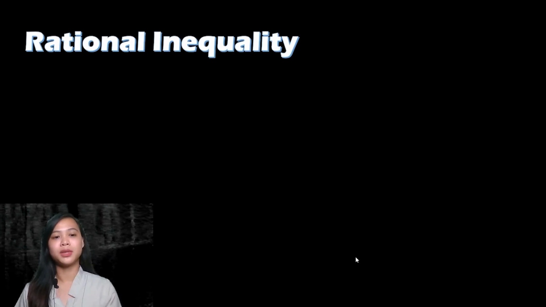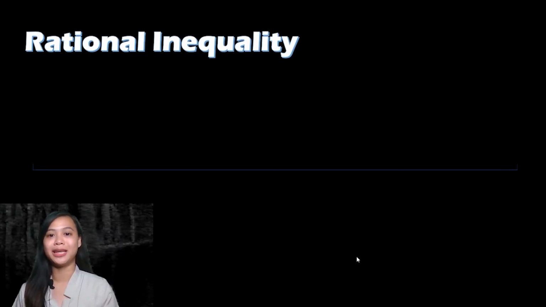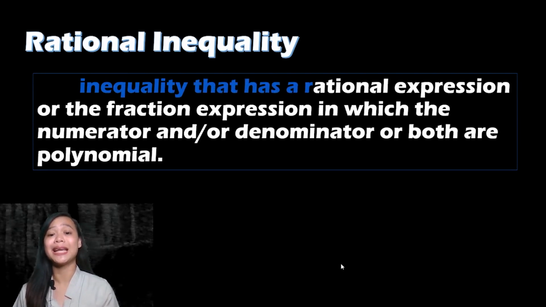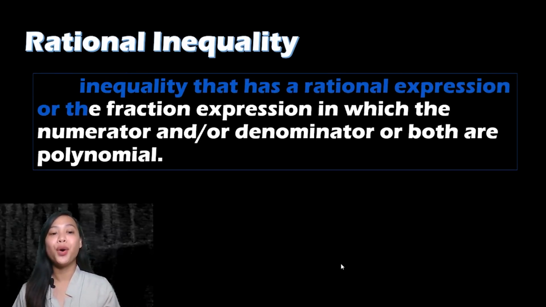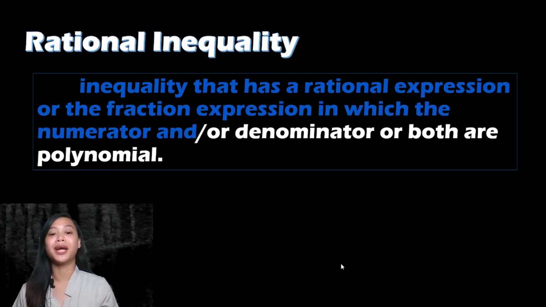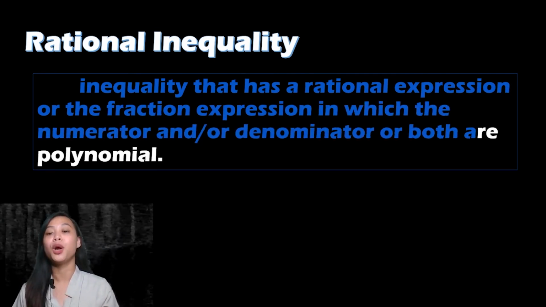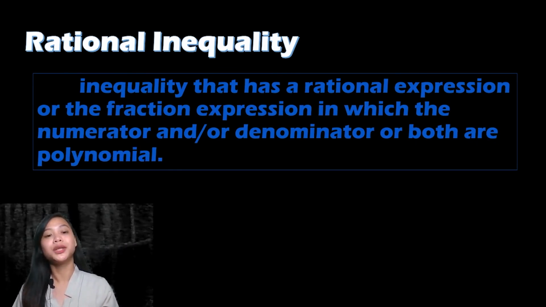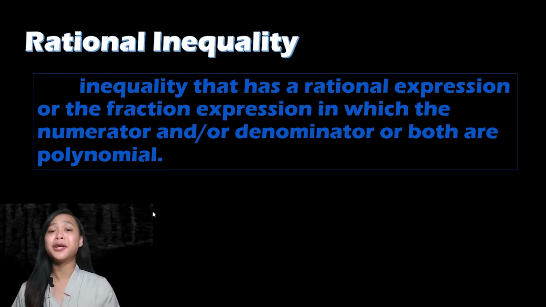Now let us define what is a rational inequality. So this time, this is an inequality that has a rational expression or fraction expression in which the numerator and/or denominator or both are polynomials. So it is the same as the rational equation, but this time it is an inequality which involves symbols like less than, greater than, less than or equal, or greater than or equal.